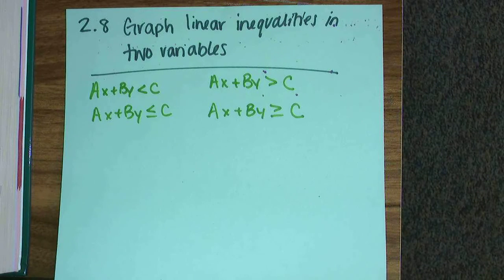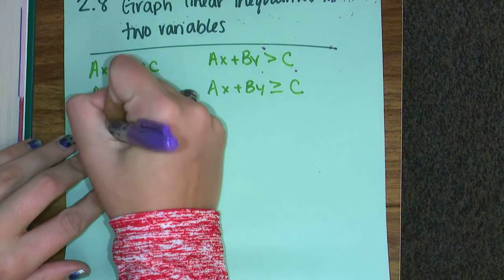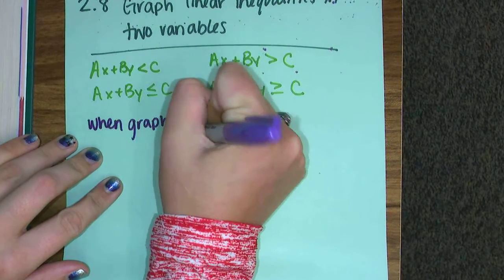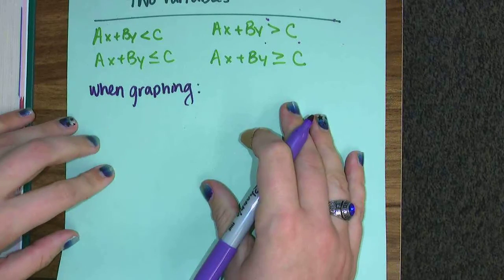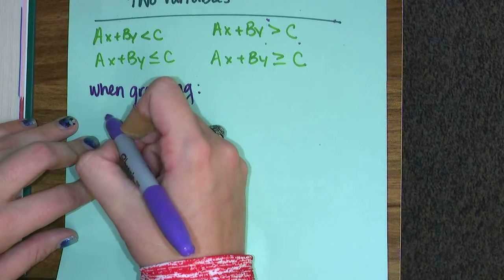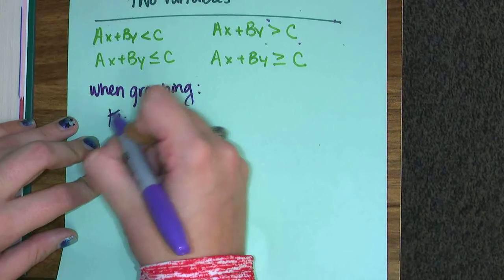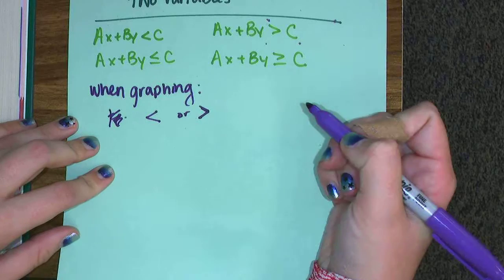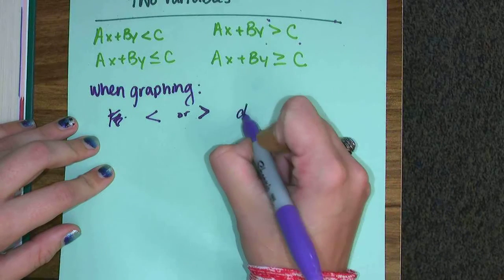But the difference is that when graphing it, if it is just less than, just do it this way. If it's less than or greater than, then we have a dotted line.